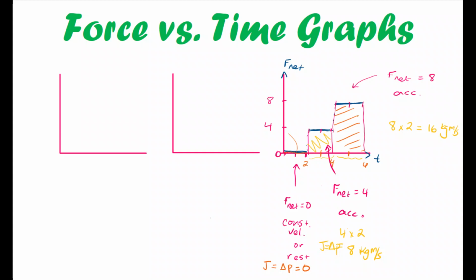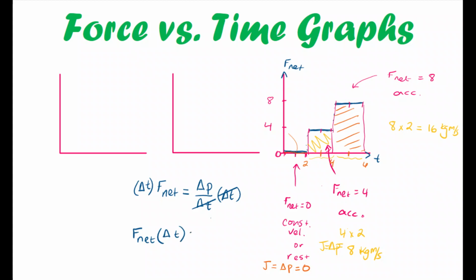So if we were to write this out in equation form, we know that we wrote that net force was equal to change in momentum over change in time. This could then be multiplied by the time on each side, as we can see here.